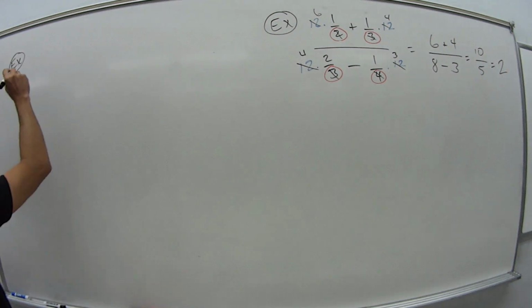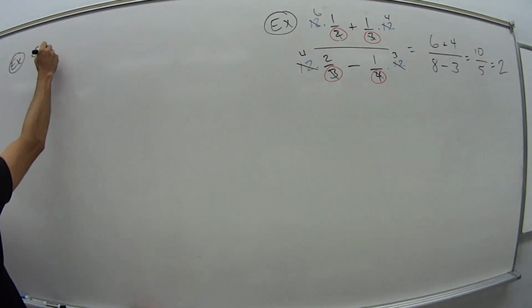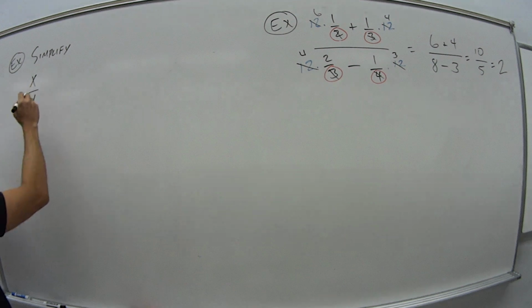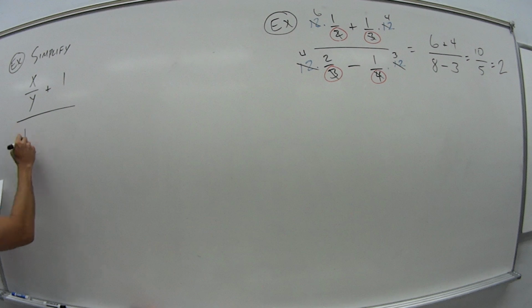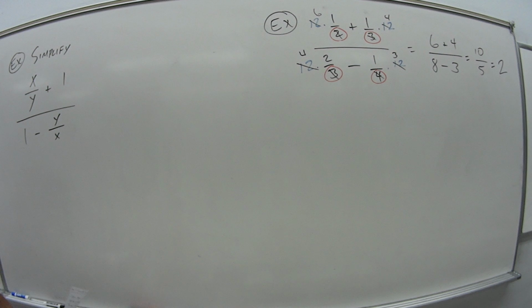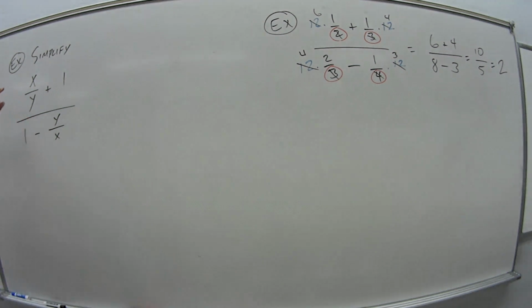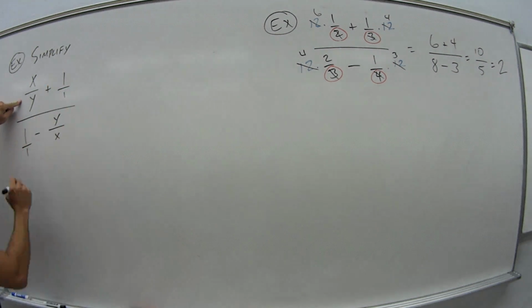So let's look at this guy here. Let's say we want to simplify x over y plus 1, all over 1 minus y over x. So if I do option 2, I need to know what is the LCD for all of these.